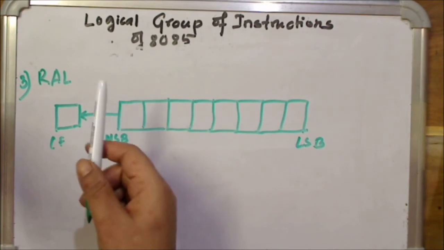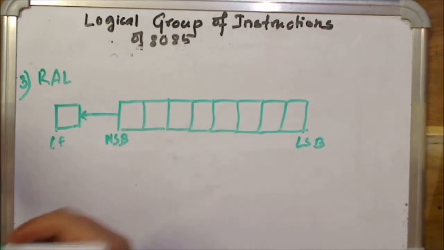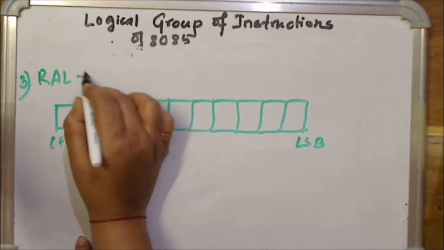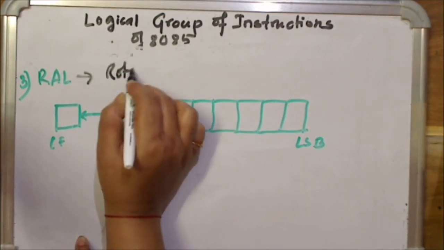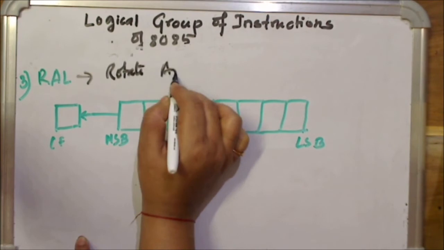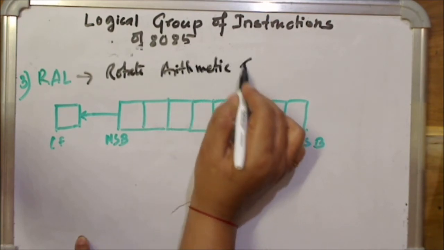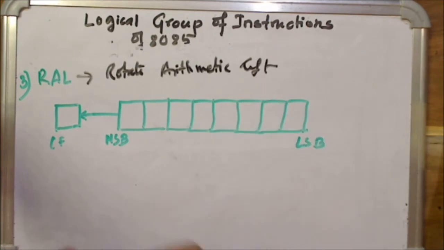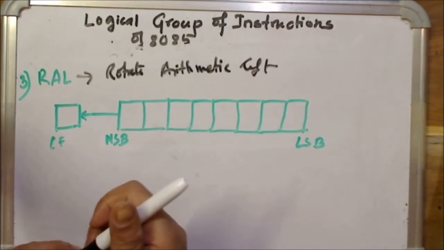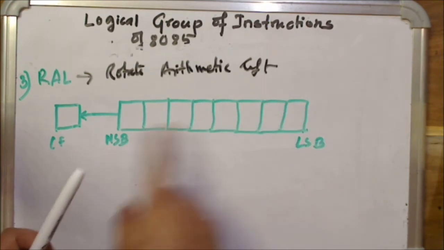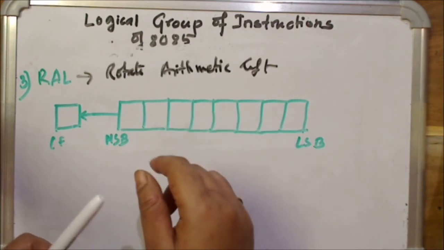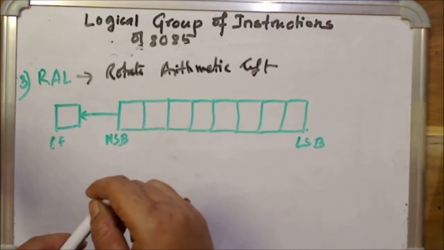Rotate arithmetic left. People also say rotate accumulator left, but if you look at the operation, you will understand why I am saying rotate arithmetic left.